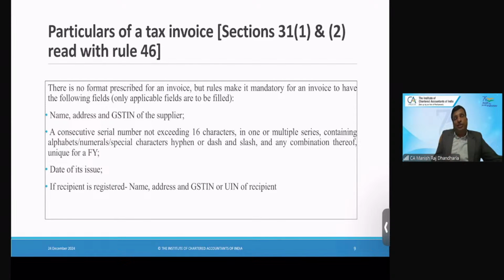There are 4 products, A, B, C, D. For product A, A/1, A/2, the serial number is 1, 2, 3, 4 only, but they are using a prefix A. Similarly, for product B they use B, and for product C they use C.